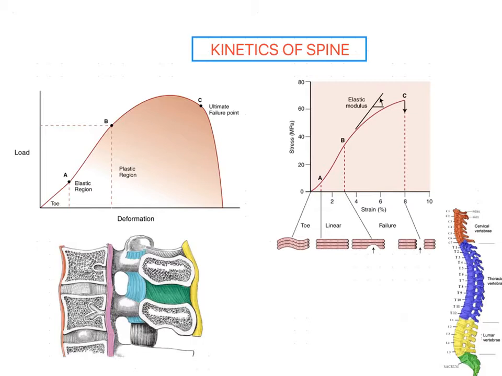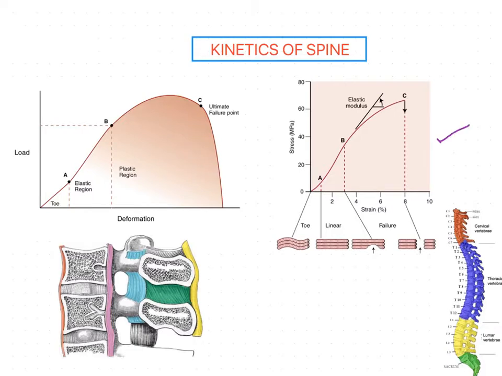So here the stability can be studied as the stiffness of the vertebral column, which is the column's ability to resist an applied load. Stiffness can be represented graphically by the slope of the stress and strain curve.